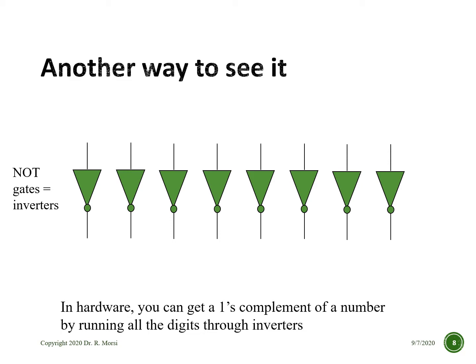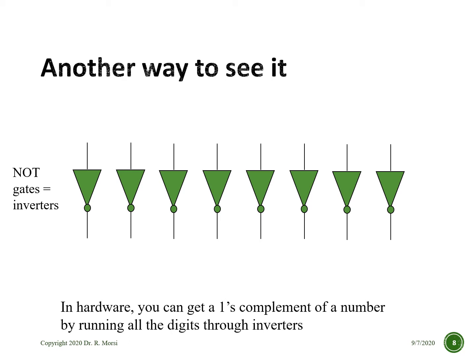Another way to look at this is through hardware. One way we could do this is to have 8 gates called NOT gates. This is the simplest form of gate that we have. I know we haven't covered this yet, but the NOT gate is the simplest gate. It's simply a triangle with a bubble at the end, and this bubble represents the inversion.